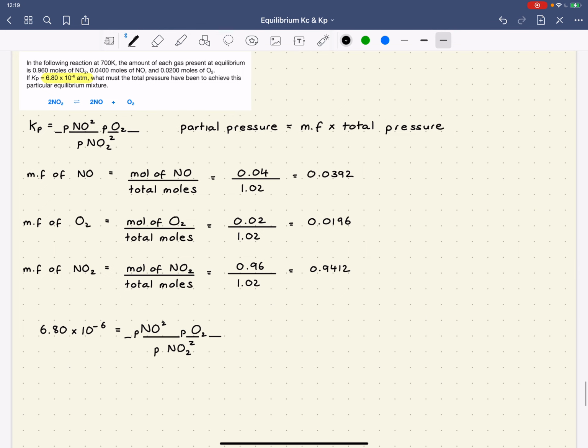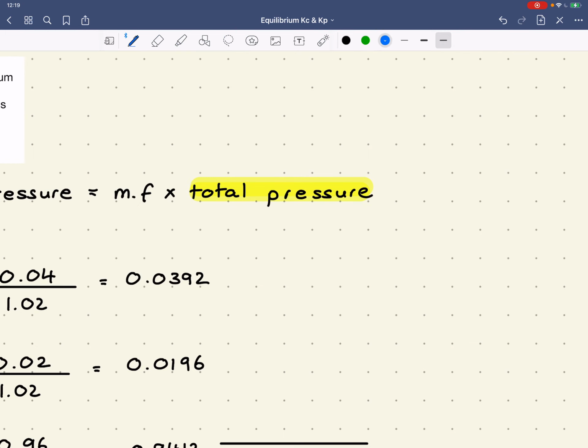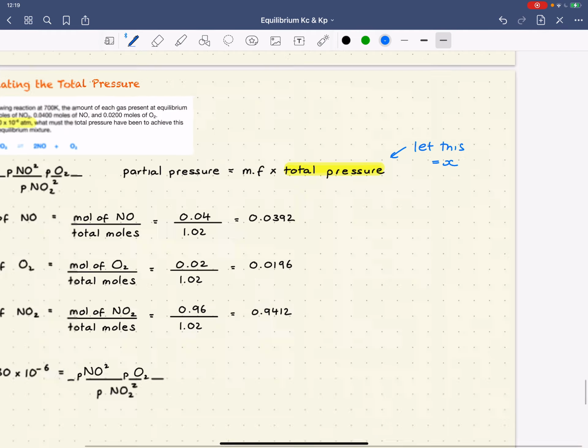Now, obviously we haven't got the partial pressures, but we have got the mole fractions. So what we need to do is call this total pressure X. If we let that equal X, then we can set up the following.